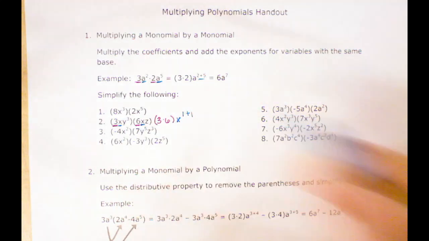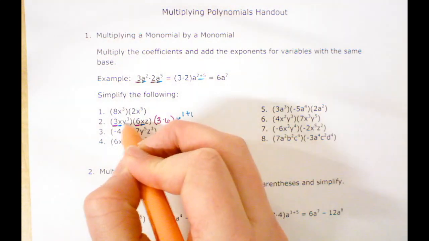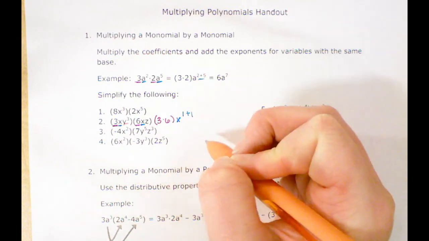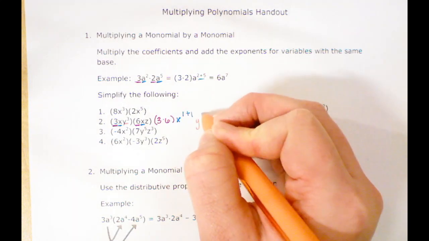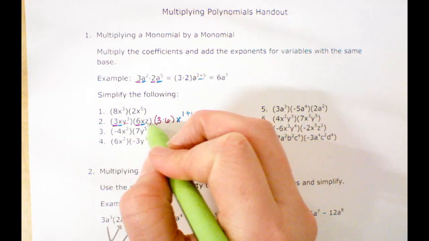So we add 1 and 1. And then we have y cubed. Is there anything to add to that one? No. So we have y cubed. And then we have what's left? The z.